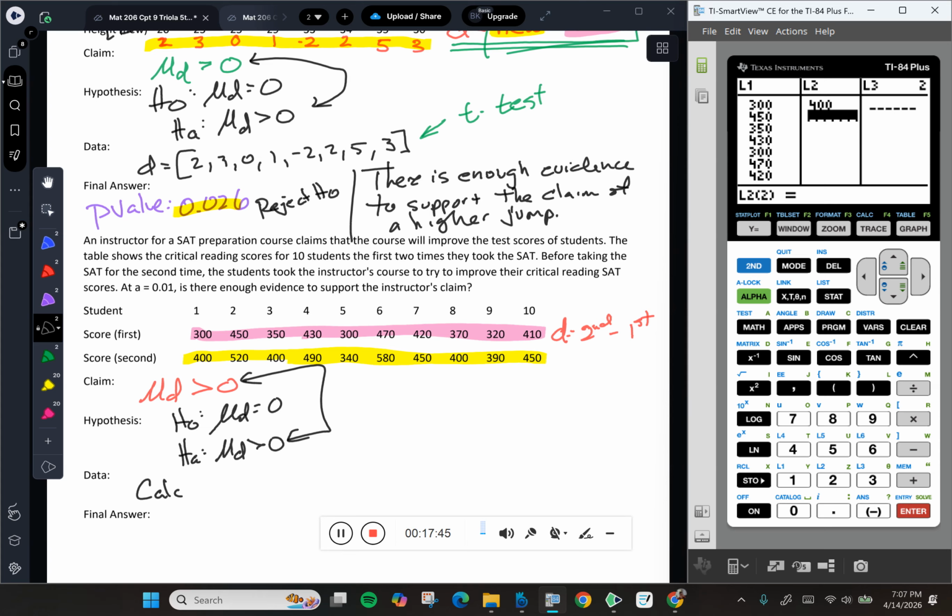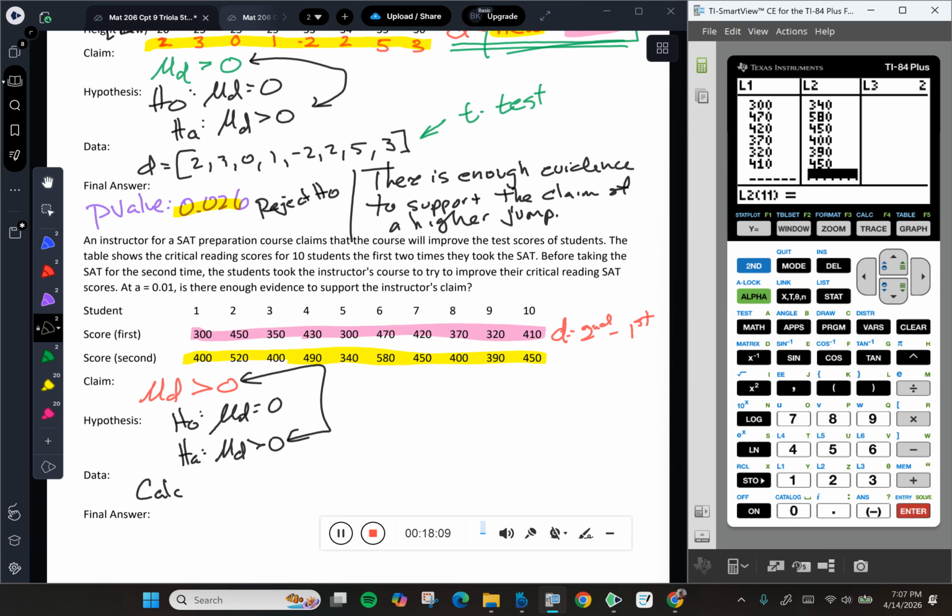In list 2: 400, 520, 400, 490, 340, 580, 450, 400, 390, and 450.